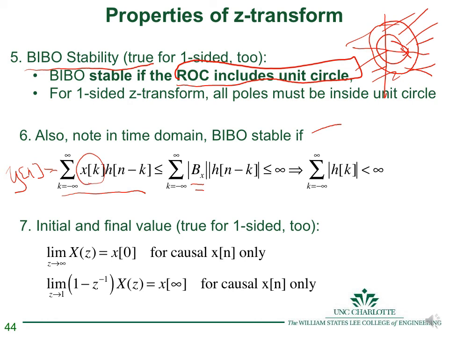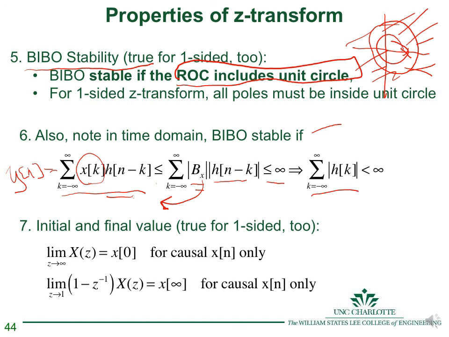With a simple argument: if the impulse responses are positive and negative, they could add and subtract from each other, but if you take the absolute values, they only continue to add. So this must be greater than the original convolution sum. If this is less than infinity, the output is bounded. We can pull the bound on x outside, that's just the largest value of x. So if the sum of the absolute values of the impulse response is bounded, then the system is BIBO stable.